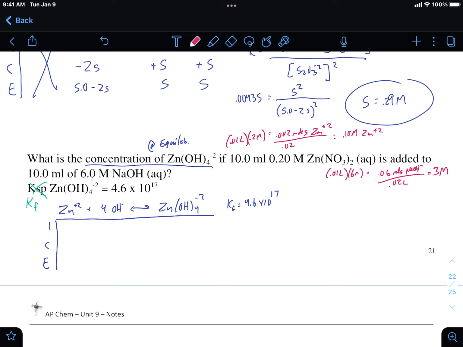Okay, so I have my initial concentrations. Now, we said we have 3 molar sodium hydroxide, but really, because sodium hydroxide is a strong base, completely soluble, I'm ignoring the Na as it's a spectator. I'm only using that as hydroxide's concentration. So, go ahead and place them into the ICE table. And work it like you normally would.